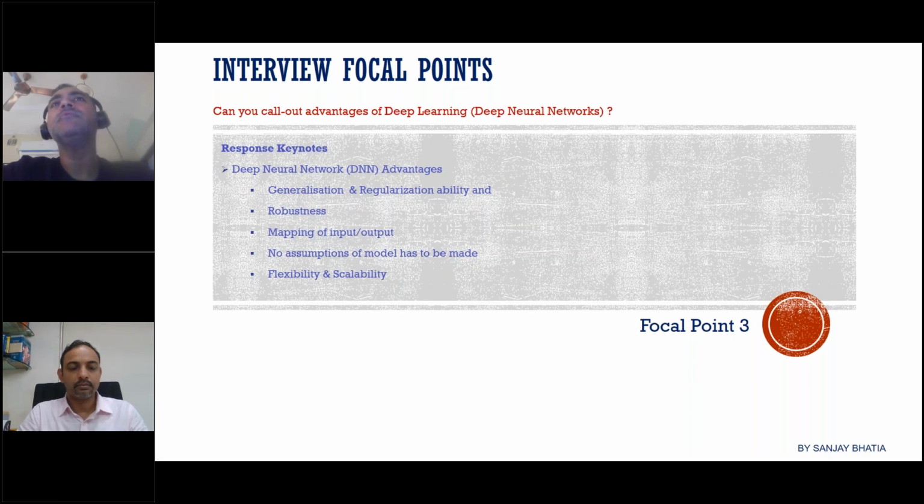Their architecture is very flexible and scalable, unlike the traditional methods. If you change the variables or features that go into your model, you have to redo your modeling from scratch. But here you could reuse the existing architecture and just expand it a bit to cover a huge feature space. That's a very good advantage of neural networks over the traditional methods.